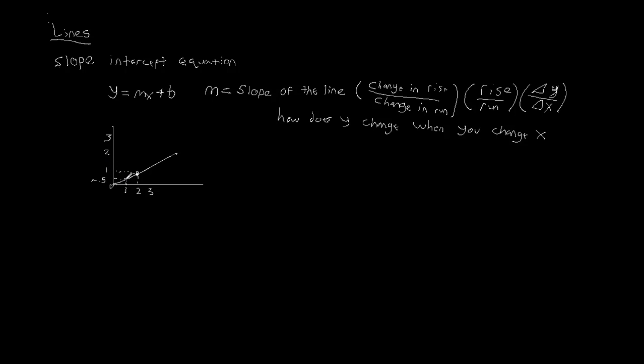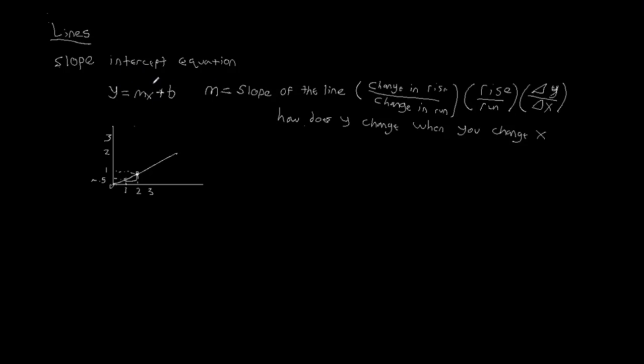So the slope here would be this change in y over this change in x. We're going to more formally talk about slope in another video. But for now, just keep in mind that this m in the slope-intercept equation is the slope of the line, and that relates to how y changes when you change x, because the whole point of this equation is to relate any given x to its corresponding y.